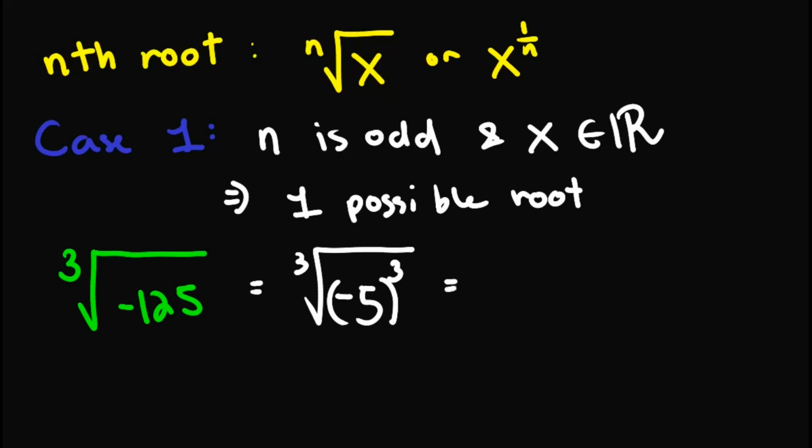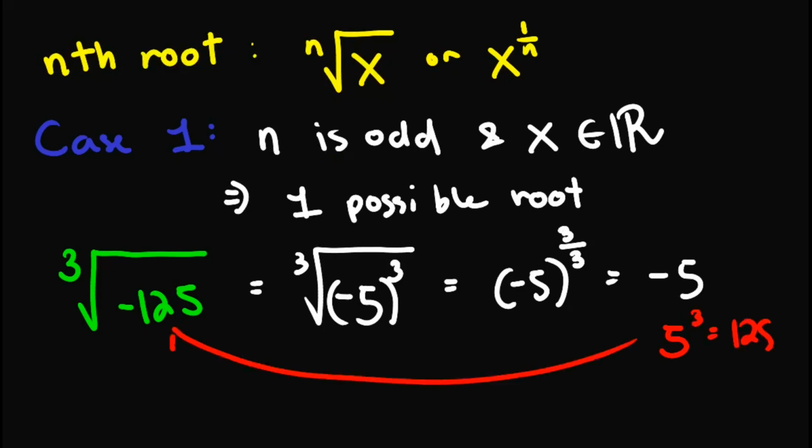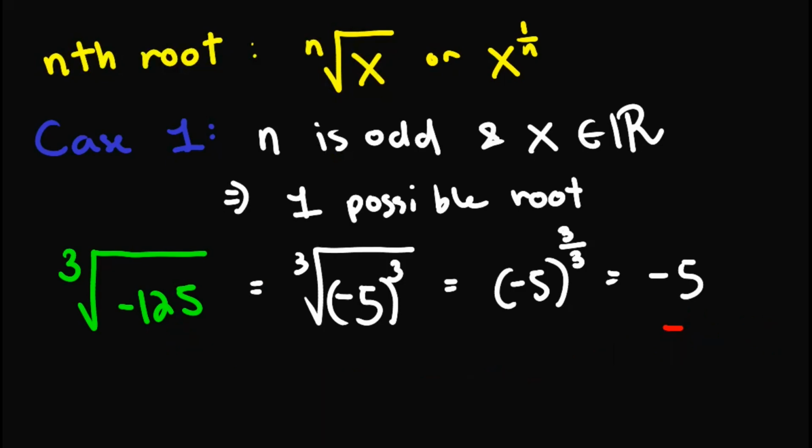So this can be written as negative 5 raised to 3 over 3, or simply negative 5, and that is the only possible root here. We can't take 5 since 5 cubed is equal to 125, which is not equal to negative 125. So indeed, negative 5 is the only possible root of this one.